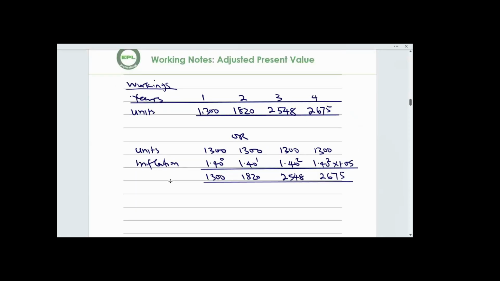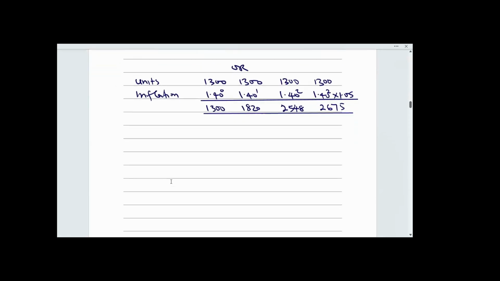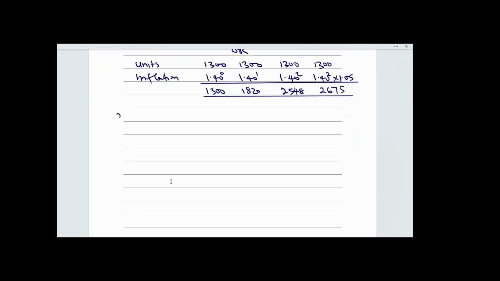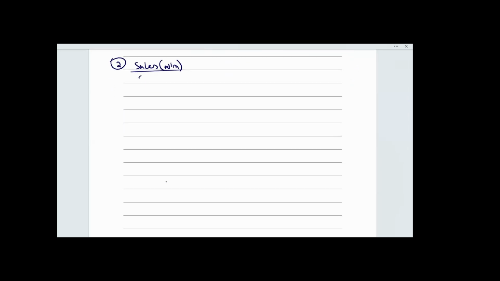Then, of course, working number 2 says I want to determine sales value. Our sales are in million. So selling price, according to the question, let's go back to the question.